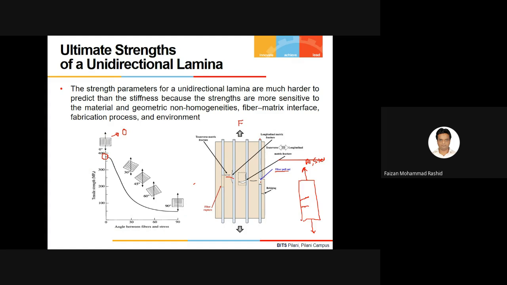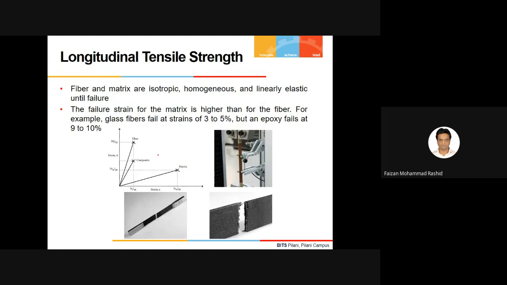Everything is metallic here. Along the grain boundaries, the cracks are moving. But here, I'm not very sure whether the failure was caused by transverse matrix failure, fiber pull out, or fiber matrix debonding. Lots of things are there. So it is a bit complex phenomenon, this composite material failure.